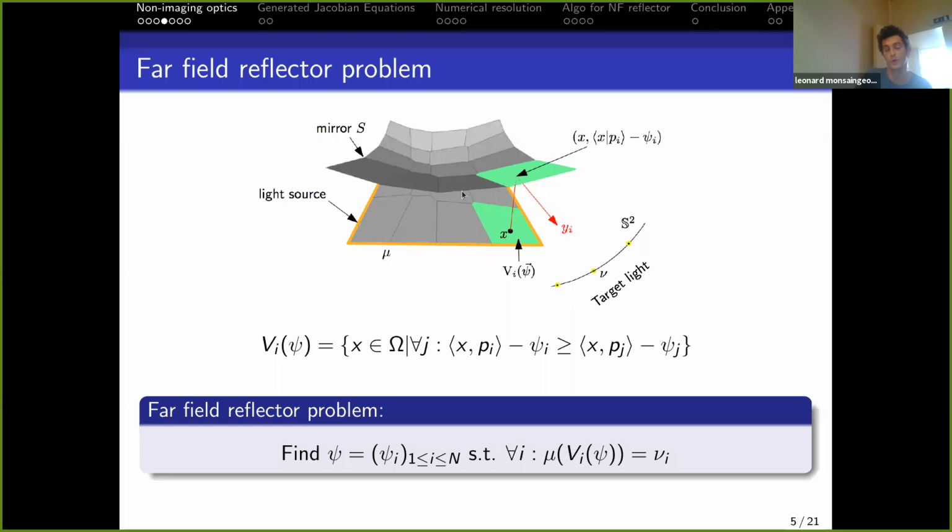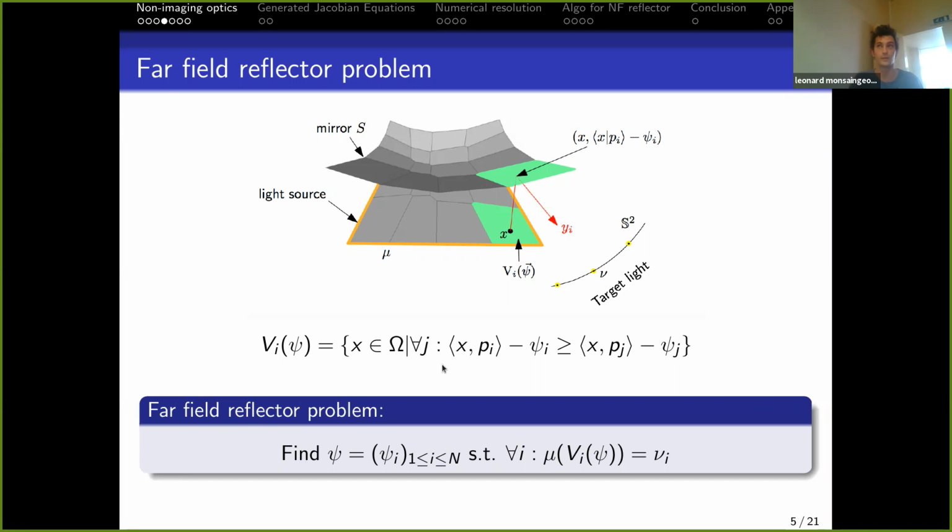When I compute this projection, I get a partition of my plane, which is what we call visibility cells V_i, each one associated to a target direction y_i. And thus V_i is parameterized by all the points x where this plane is higher than all the others, so it is the maximum of affine functions again.